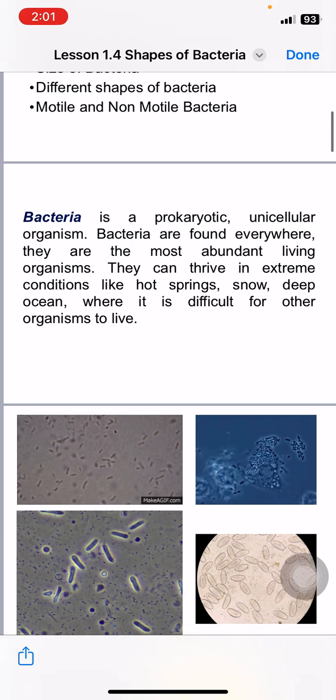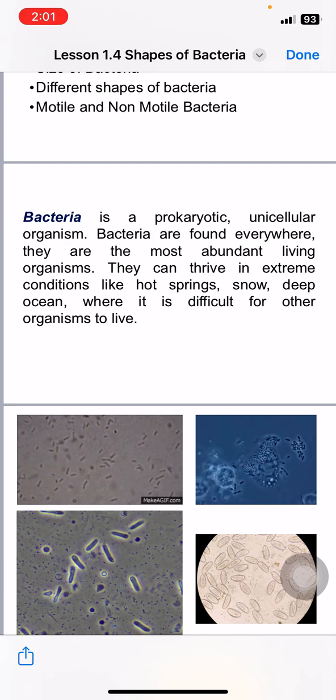Let's move forward to the very first term that we will be encountering, and that would be bacteria. As we all know, bacteria is a prokaryotic cell. A prokaryotic cell has only one cell, and that is called a unicellular microorganism. Bacteria can also be found everywhere, which is why it is most abundant.